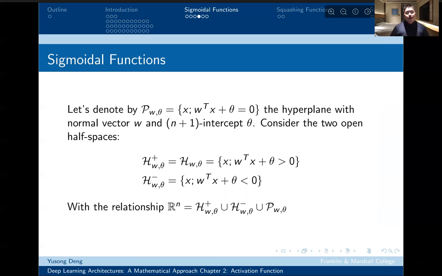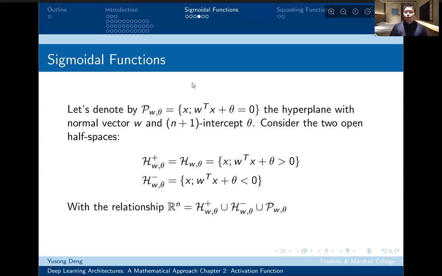So it's a little bit strange, but the hyperplane is just this plane defined by this, where the normal vector is just W, and the intercept theta is given by this. You can just think of it as a plane.